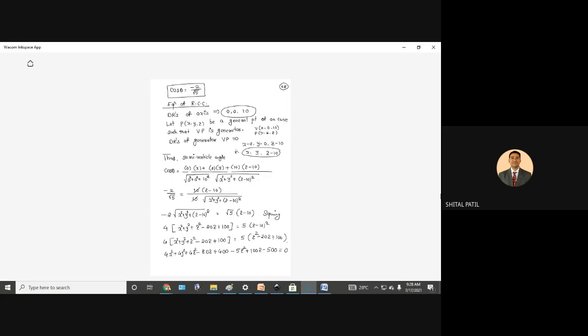So after simplification, we have answer like this: 4x square, 4y square minus z square plus 20z minus 100 equal to 0, this is the answer.